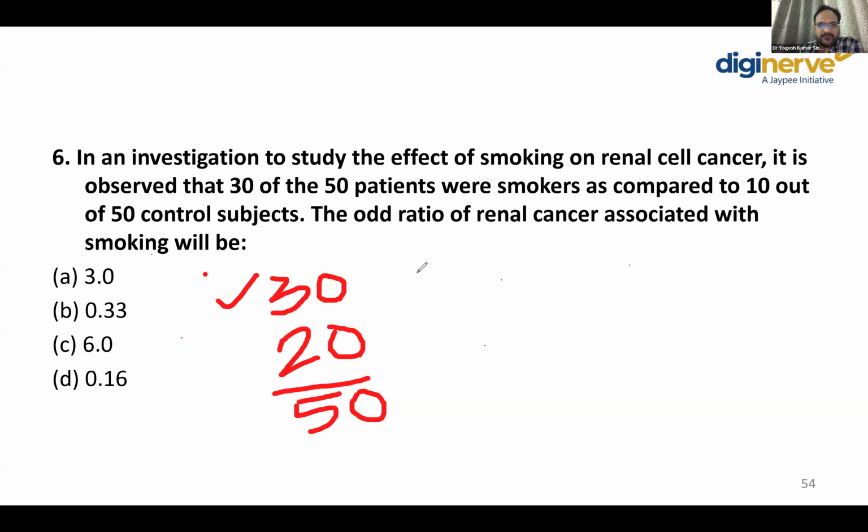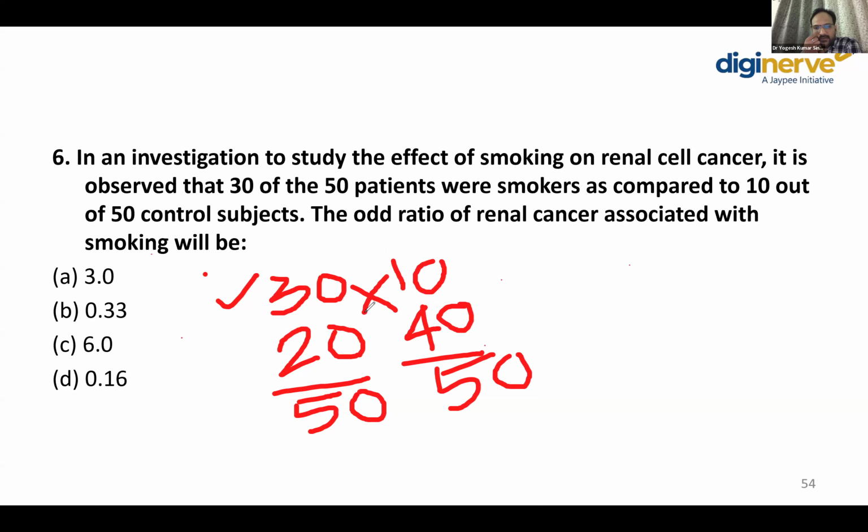And out of 50 controls, 10 are exposed, 40 are not. Now calculate AD by BC.